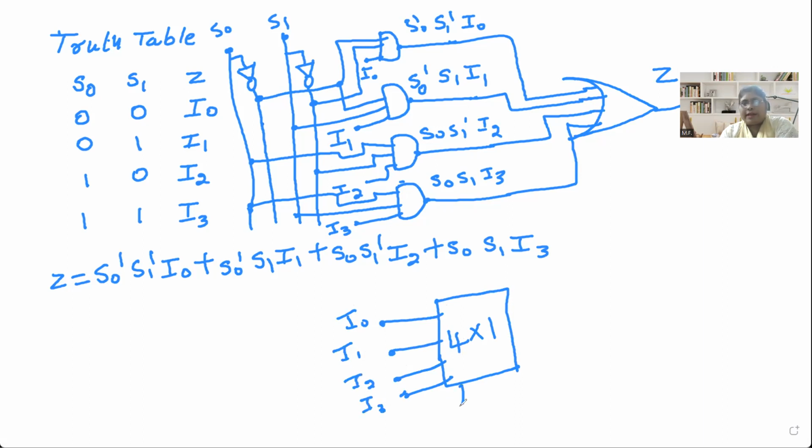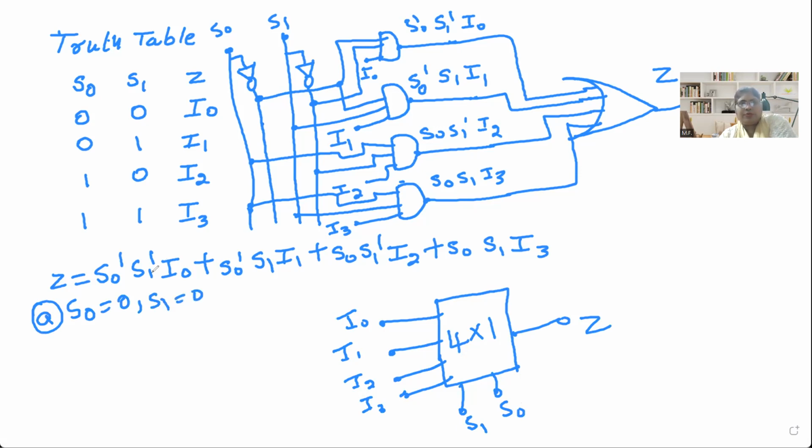There will be two select lines, S naught and S1, and output Z. So depending on the values of select lines, the inputs will be routed. Like see here, let the value of S naught be equal to 0, and S1 is also equal to 0.